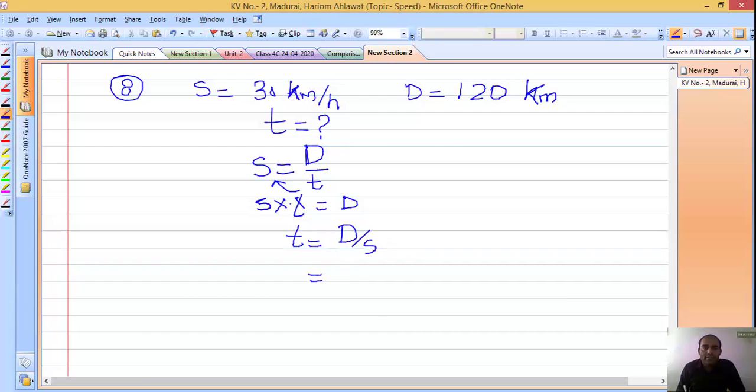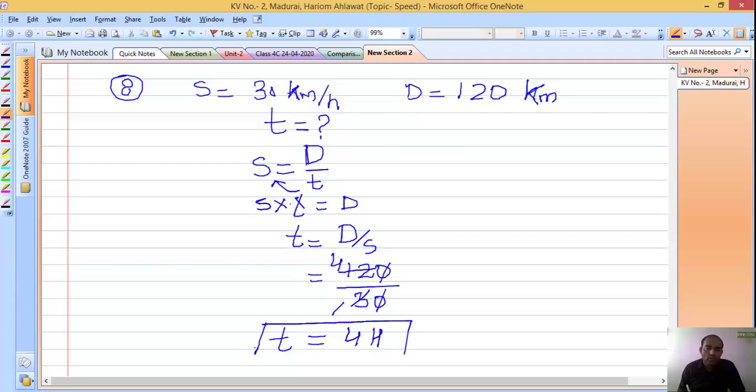So what is the distance? 120. What is the speed? 30. Okay, 120 divided by 30: 3 ones are 3, 3 fours are 12. So 4 hours. The time here is in hours, so here it will be in hours.